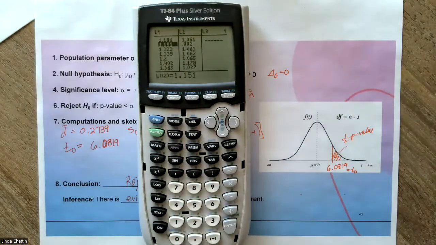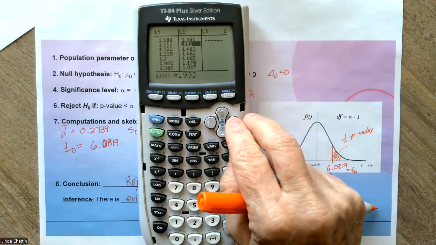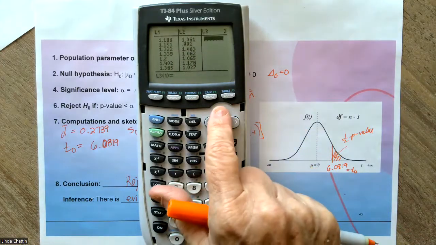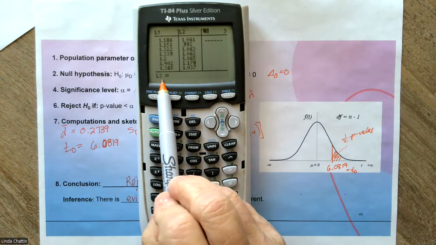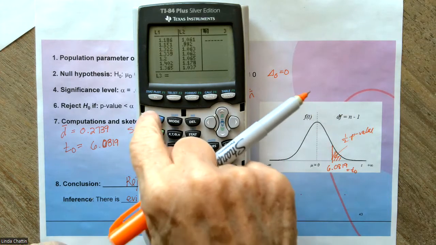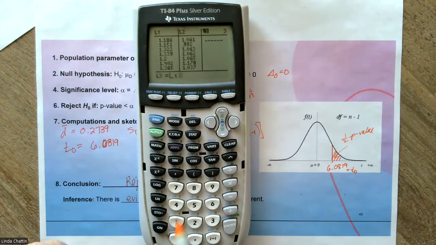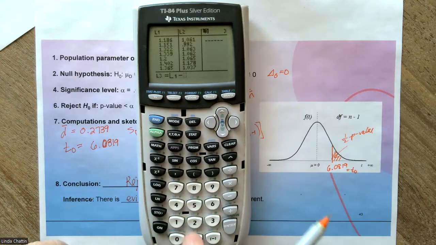Let me show you how to get list 3. So here's list 1, list 2, and I wanted to do the automatic difference. If I just take my cursor and highlight L3, I can actually put in a formula for L3 right here. So I'm going to put in the formula list 1 minus list 2. I do second function 1 because there's a blue L1 above it, minus second function L2 because there's a blue L2 below it.